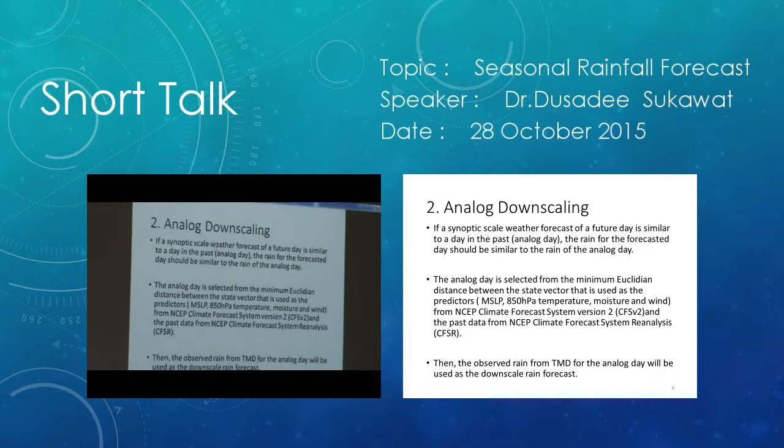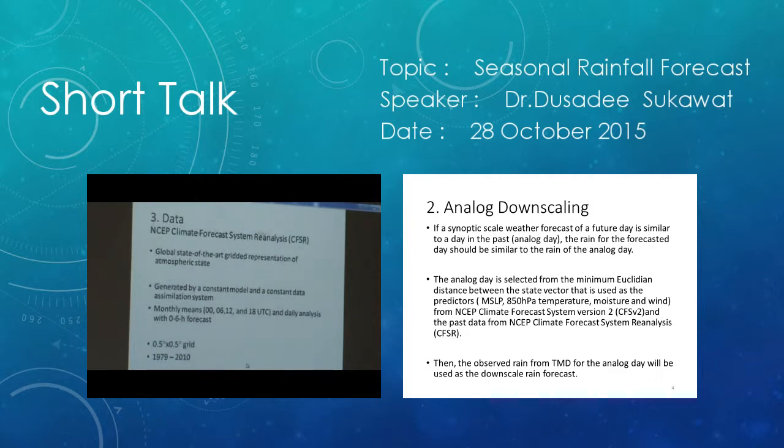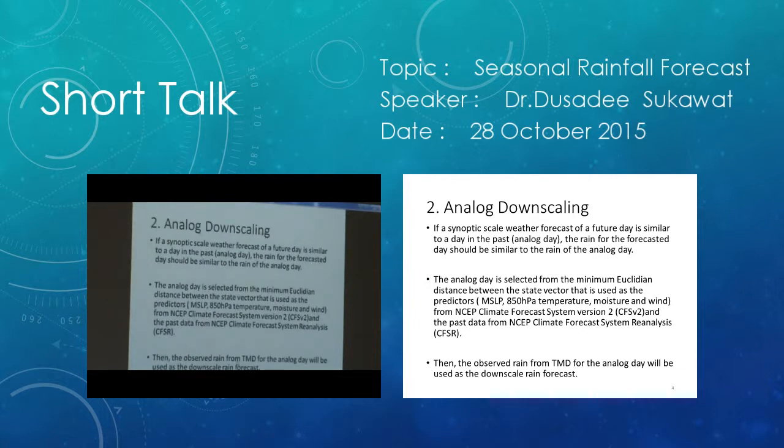This is a kind of downscaling, so I call it analog downscaling. The problem is that in Thailand there is a lot of missing data, so I cannot use the whole 100 stations. I have to select only stations that have a complete record for at least 30 years.